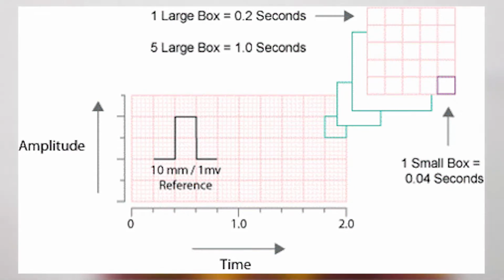The time is measured along the horizontal line. 1 mm is equal to 0.04 second and 5 mm is equal to 0.20 second, and every 15th large square, a 3-second period is marked by a vertical line on the upper border for quick assessment of the heart rate. This is about the electrocardiograph grid paper.